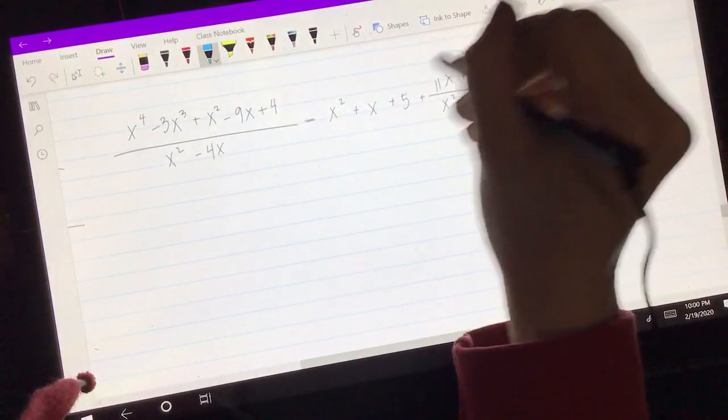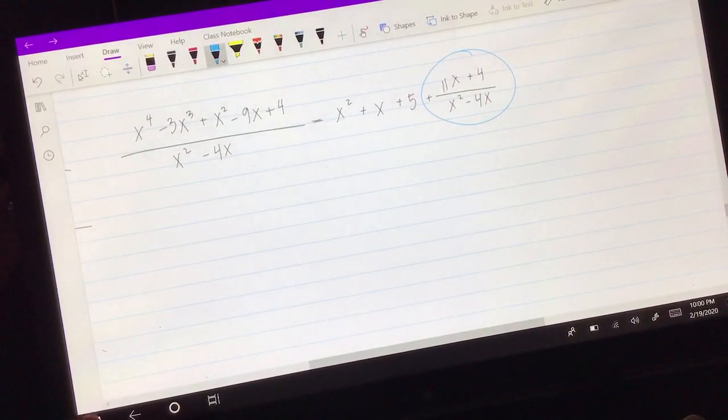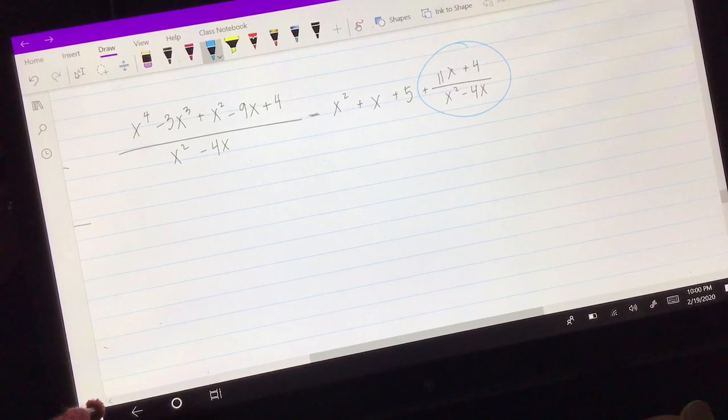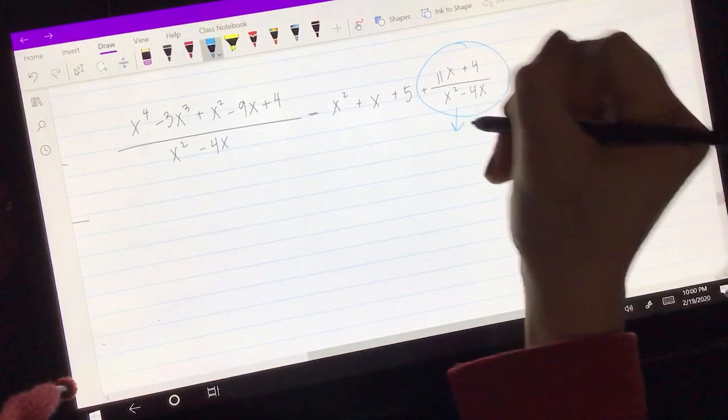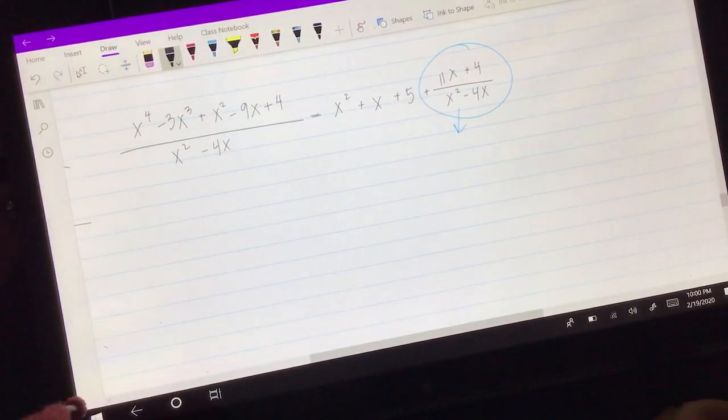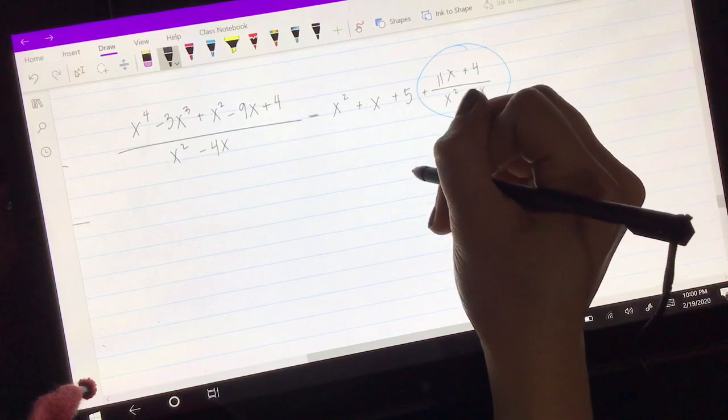Okay, so we need to break down this fraction so that it has linear factors in the denominator. So this is literally the same thing we've been doing the entire class. First step is to factor your denominator.